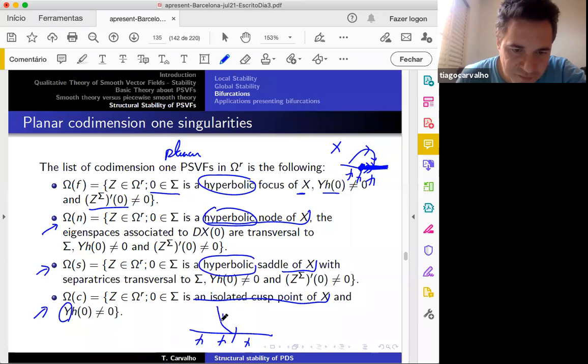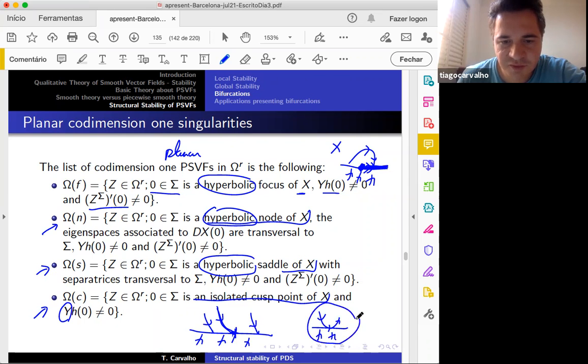This x vector field has a contact of order 3 here, okay? There's a contact of order 3 here. And in a neighborhood of this point, the x vector field is transversal. And the x vector field has a tangent point just at this isolated cusp point. Remember that if the x vector field has a quadratic contact and the y vector field is transversal, this is a codimension 1 vector field, okay? This is structurally stable.